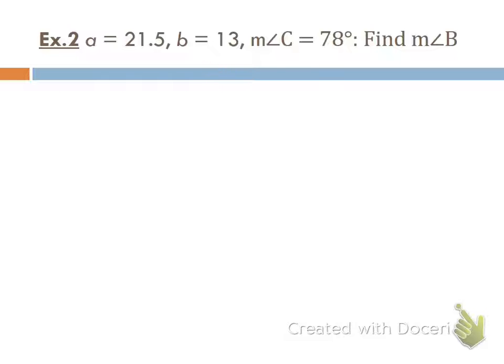Side C. Okay, we're first going to find side C, and then we would have an angle side pair, so we can switch over to law of sines. So C squared is equal to A squared plus B squared minus 2AB cosine angle C.